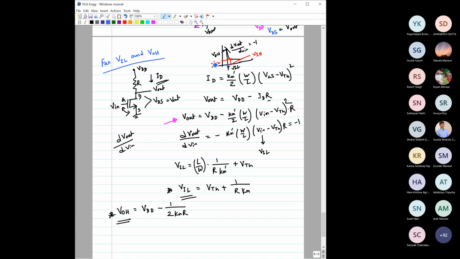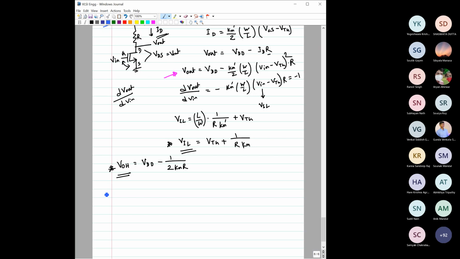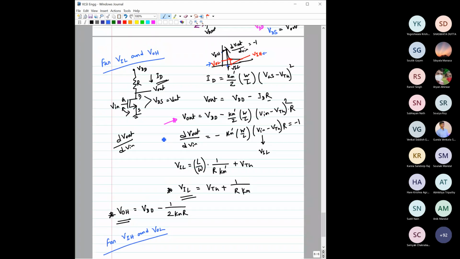But now we have to find this one and this one. So for VIH and VOL, the transistor is operating in which region?